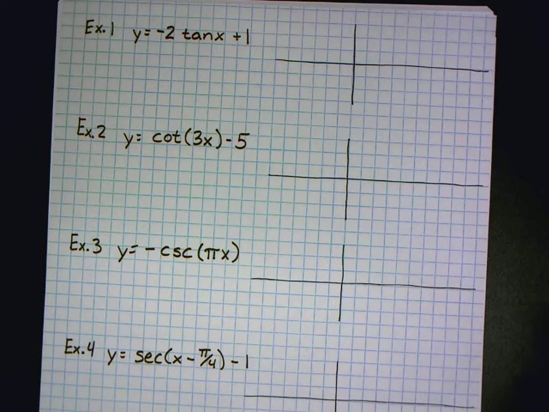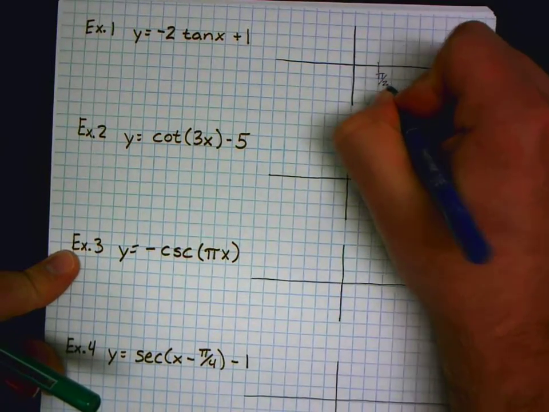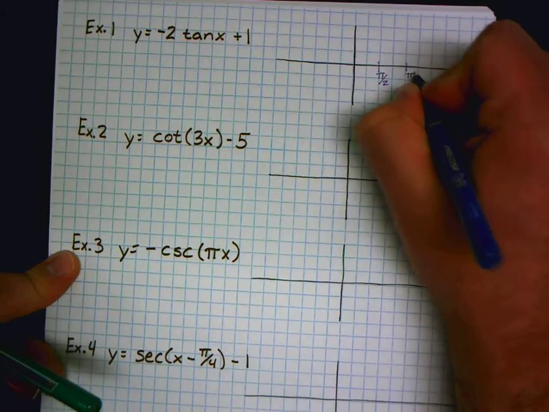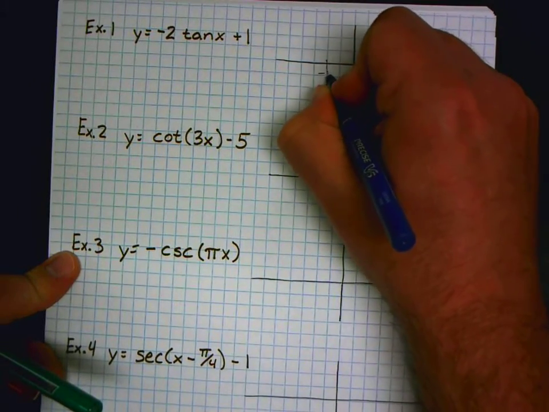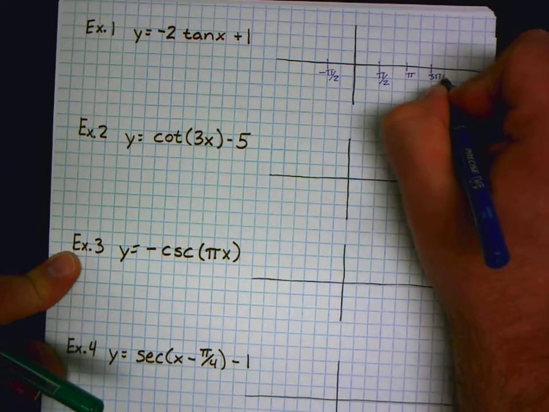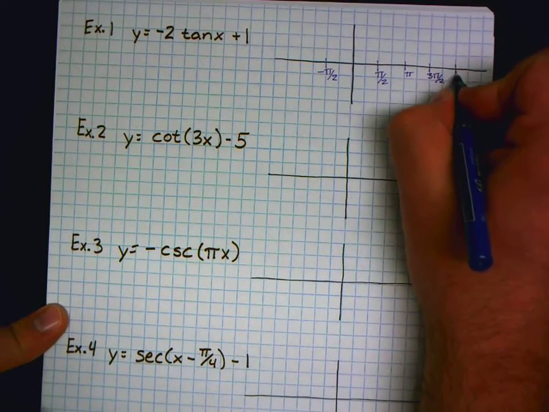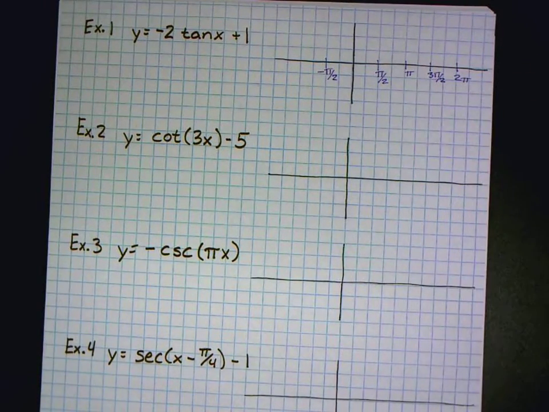So if I take tangent and I put a -2 and a +1. Okay, first thing is, what do I want to call asymptotes? On the half pies.